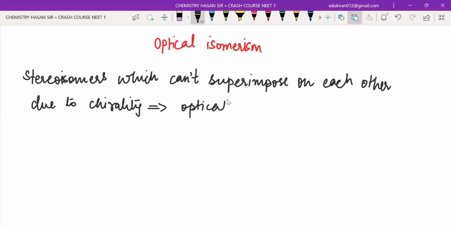Isomers are known as optical isomers when the mirror images are not superimposable on each other due to chirality.